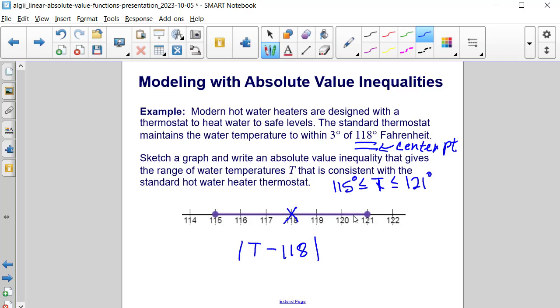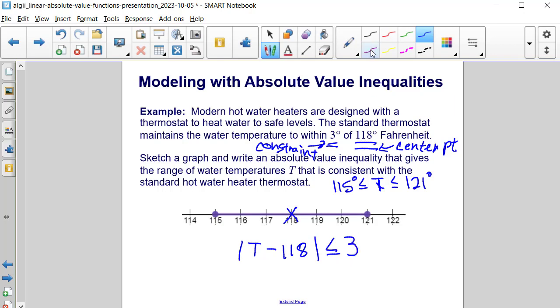Because this is an AND statement, it's less than, and then the circles on both ends are filled in, which means equal to. And now the question is, what number goes over here? Well, it's within 3 degrees. That tells us the constraint, or the number that goes on the outside of the absolute value inequality.